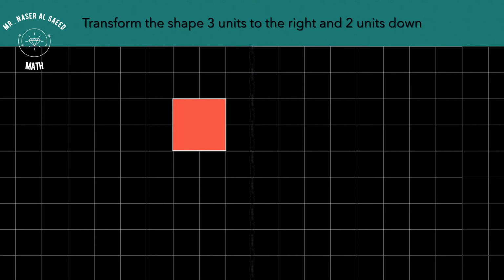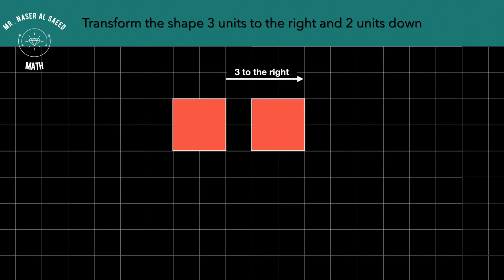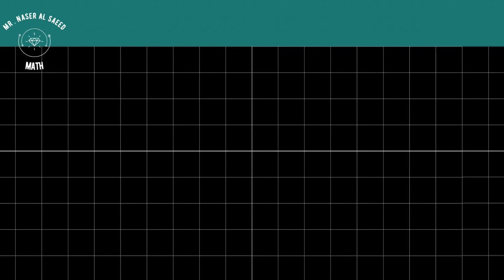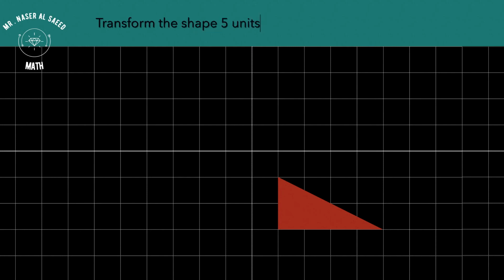Here's our triangle, and let's see what the instruction says. Transform the shape 5 units to the left and 4 units up. Let's move it 5 units to the left, and now 4 units up.